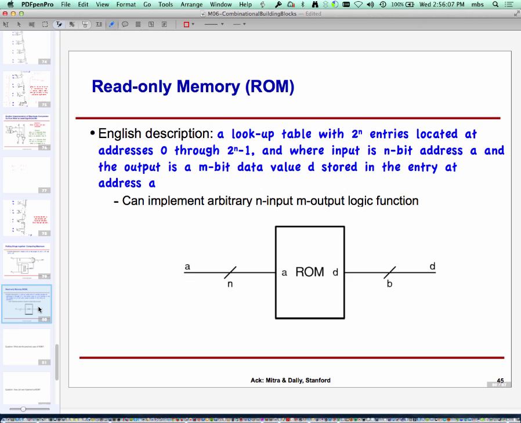So I may have n equal to 10, m equal to 100, in which case it's a lookup table which is taking 10 bits input and producing 100 bits of output. I can change the output bit width of a ROM, or I can change the number of address bits in the ROM. But if I have a ROM, then I can implement, as you can imagine, any function. Any function, in this case, that goes from n-bit to m-bit.